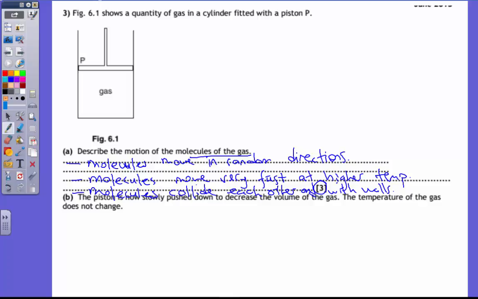That's it. The piston is now slowly pushed down to decrease the volume of the gas.